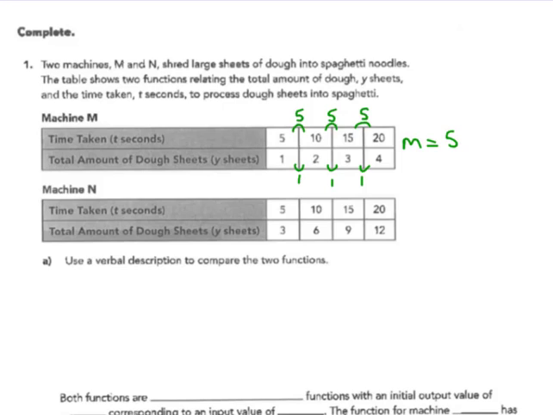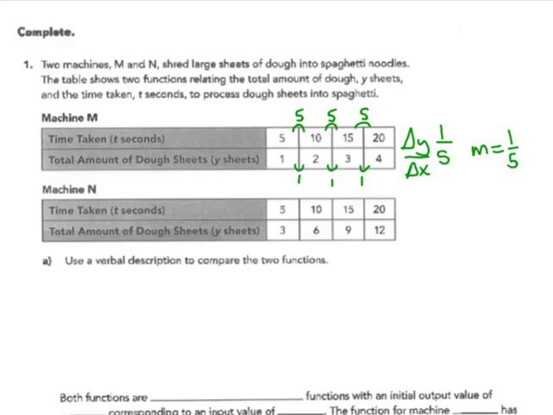Oh, no. My slope is delta y over delta x, and delta y is 1 over 5 delta x. Ooh, upside down. So my slope is 1/5. m equals 1/5 here.